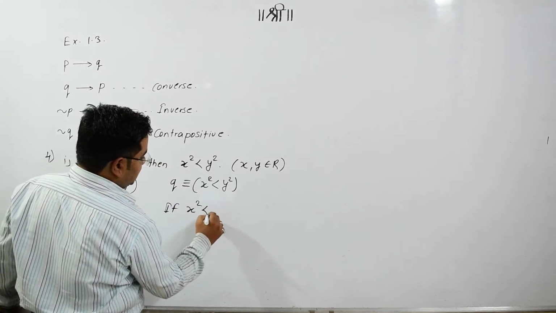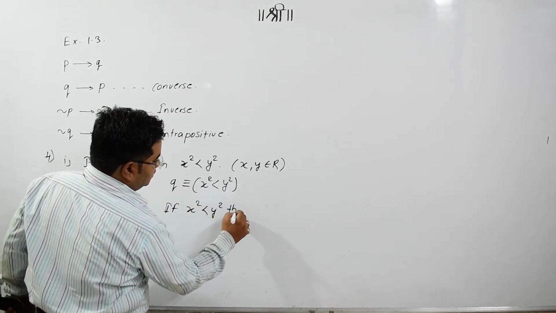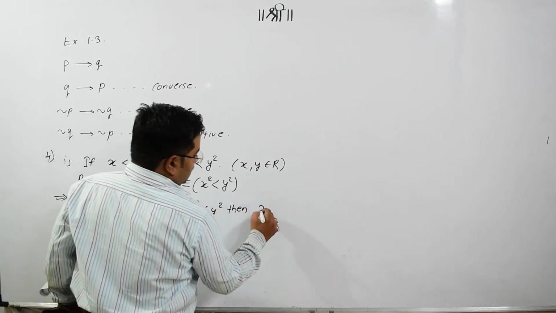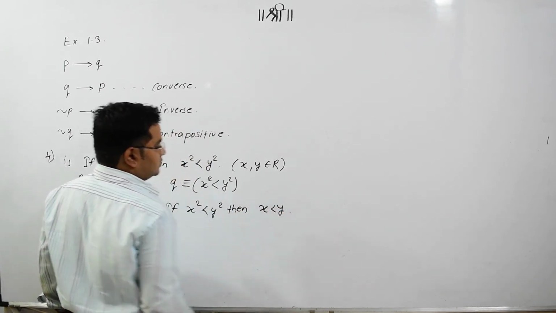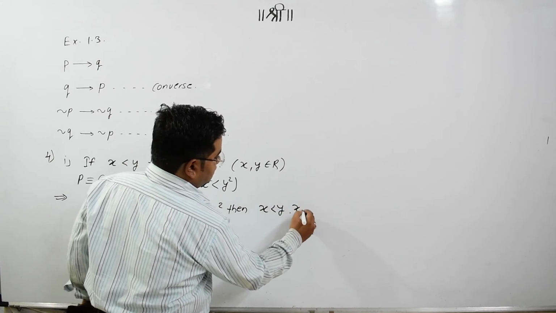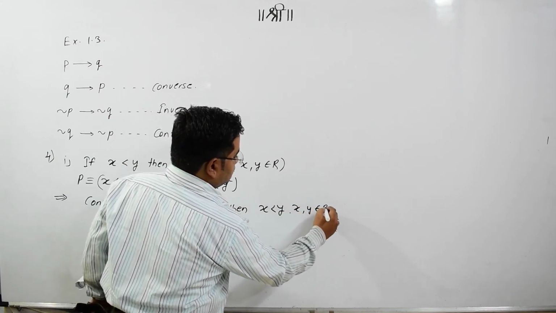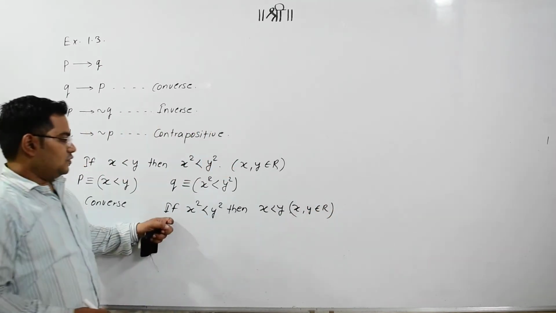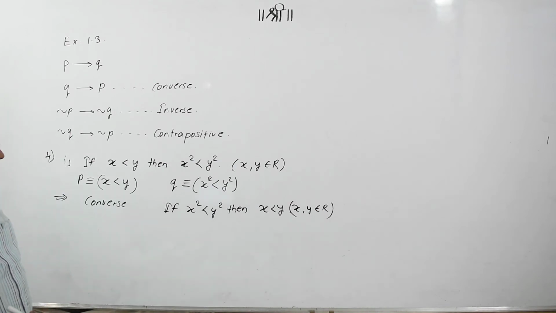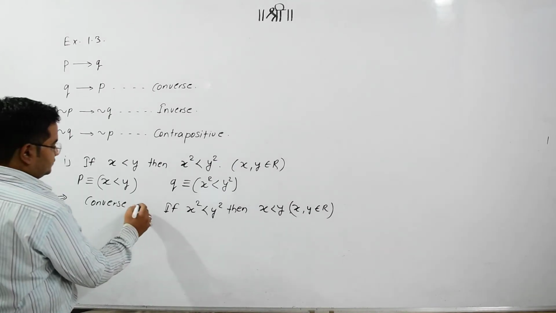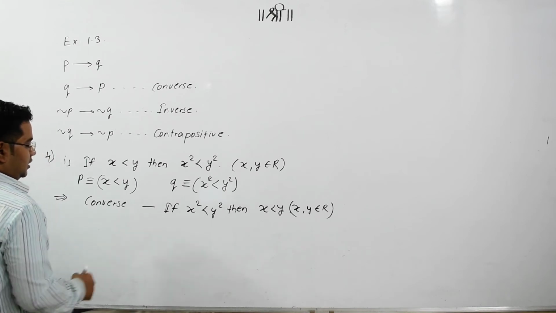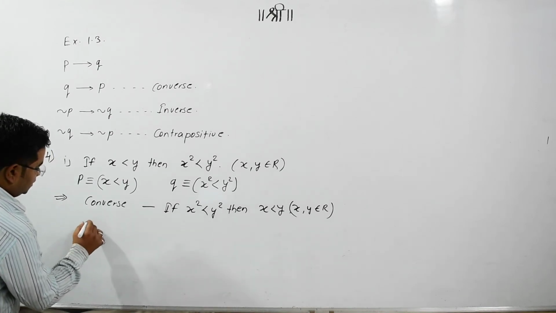So if x square is less than y square, then x is less than y, for all x, y belongs to R. Again, this is the converse of the given statement. So that's what I would like to write, converse. Now what is inverse?